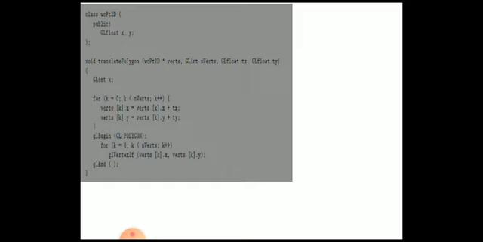Then we write the translatePolygon function. Basically it translates the points of the polygon. Here we take the vertices, that is wcPt2D star verts, that define the polygon.